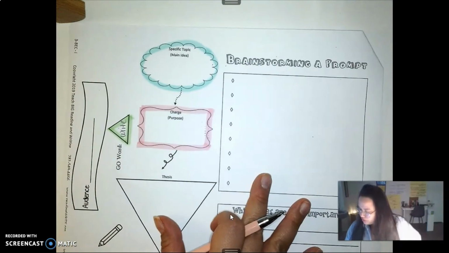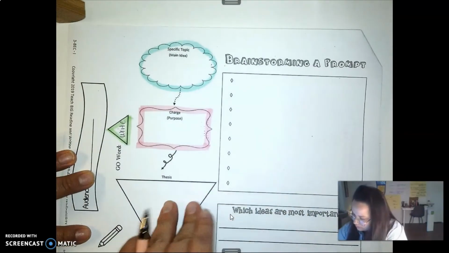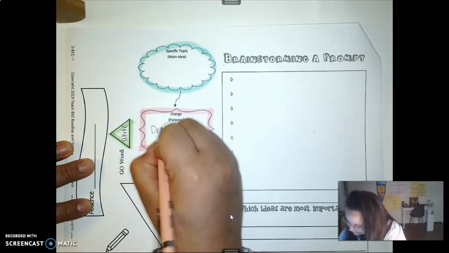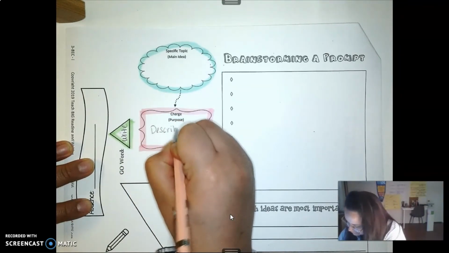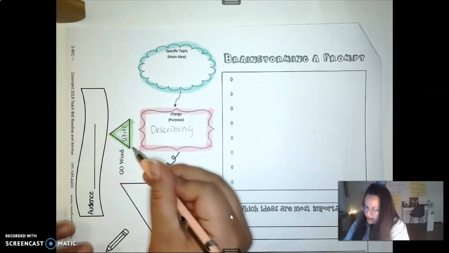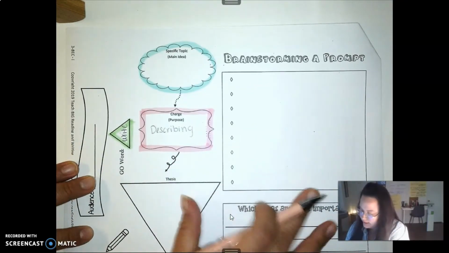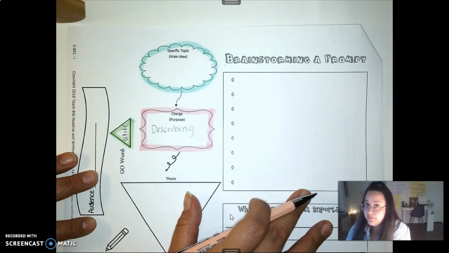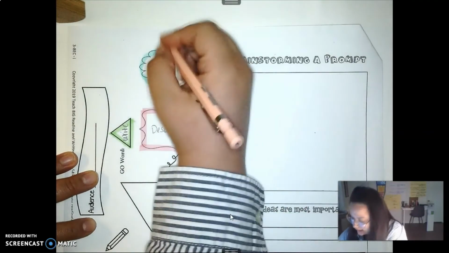Our charge word was, I believe it was describing. Describing. So we're going to write a description, right? And our topic was a special talent.